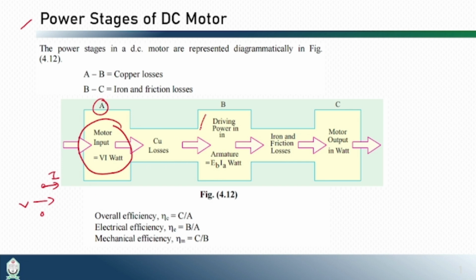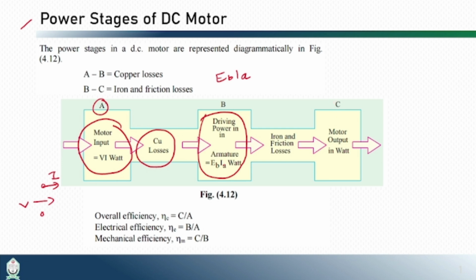From this input we are getting the mechanical power in terms of armature torque, and that is EbIa, which we have already discussed in our previous class. In the meantime, some losses occur, that is copper losses. I think you will know what copper losses are, how they are generated, and how we can calculate these losses.